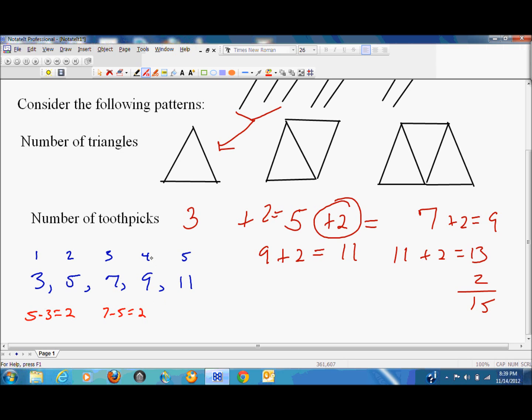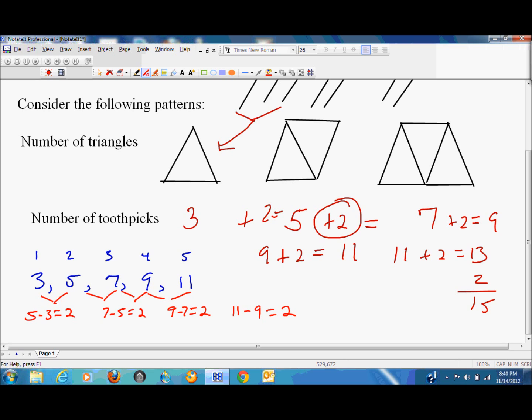We take term 4 and subtract term 3, we have 9 minus 7, which is 2. And if we take term 5 and subtract term 4, we have 11 minus 9, which is also 2.